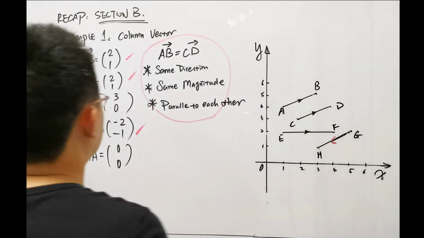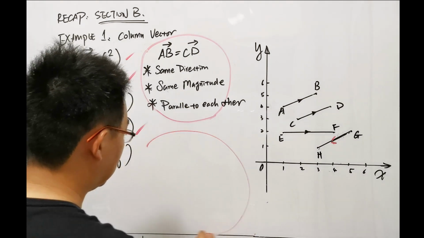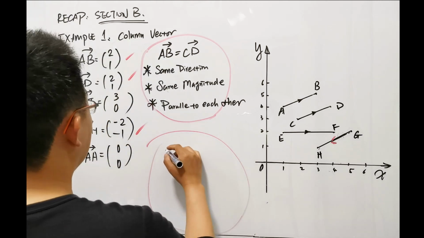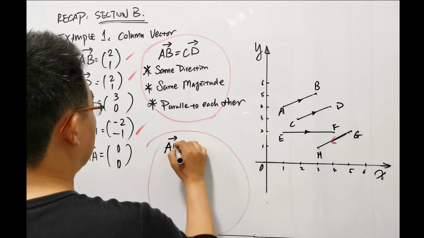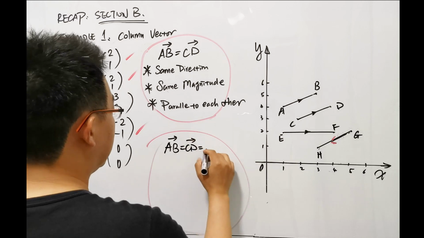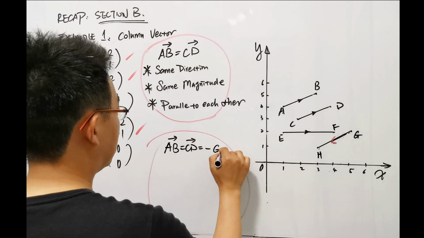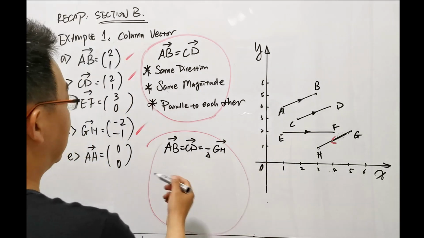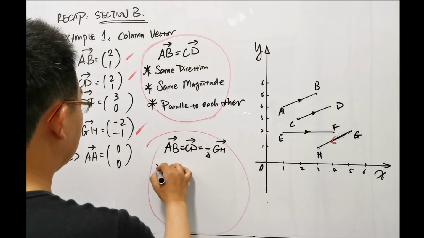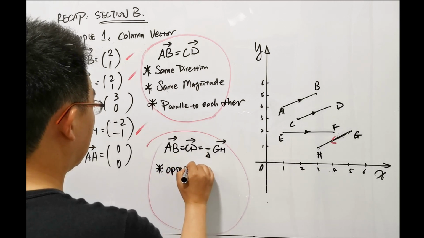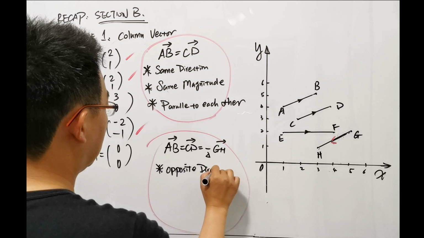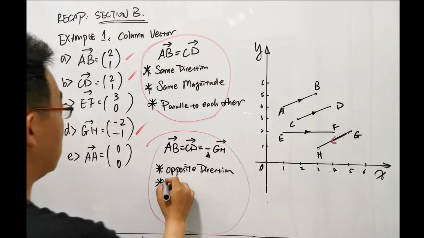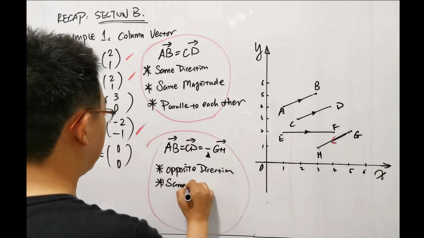So AB equals CD, but it's minus GH. The minus is because the direction is different, right? They have the opposite direction. That's why it's a minus.